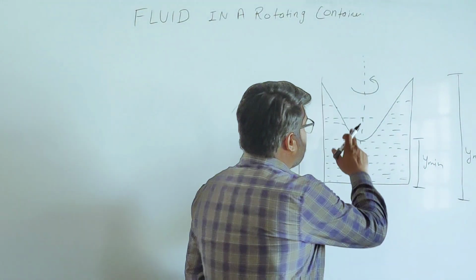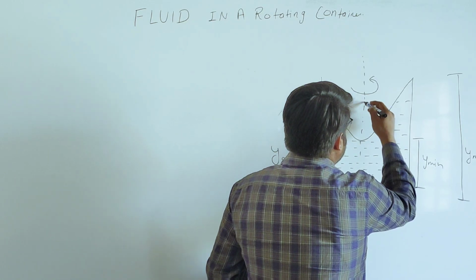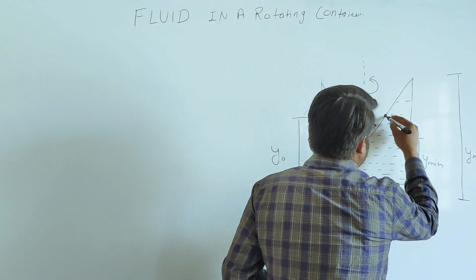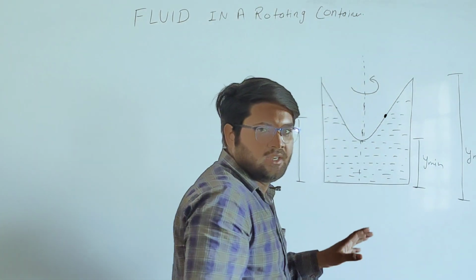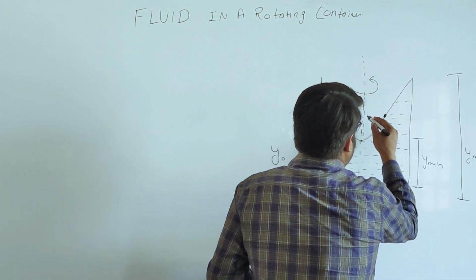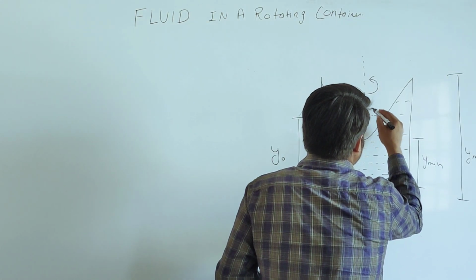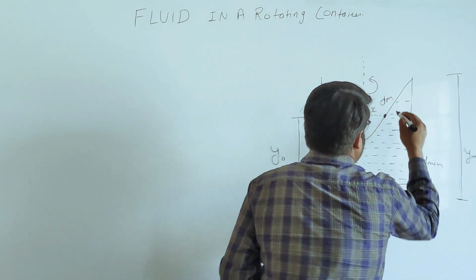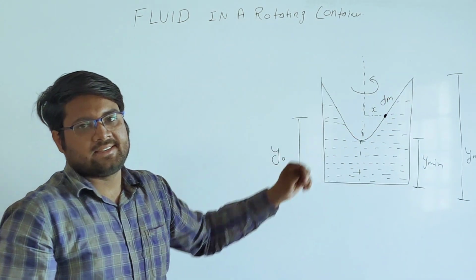To calculate all those things, we take a very small mass in the fluid. Let's say this one. This mass is dm and its distance from the axis is x.